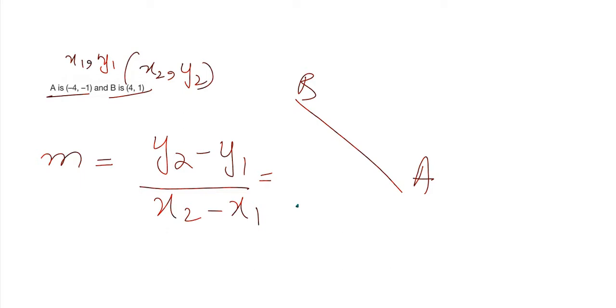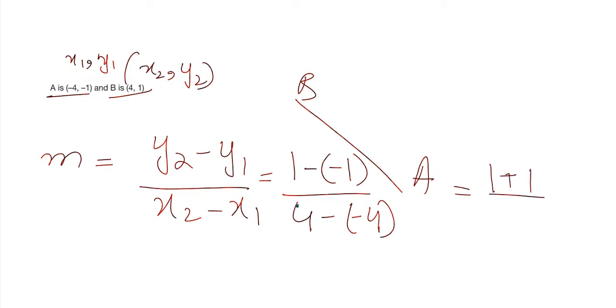Now we have to do this. You can see that I have put y2 first, and then the subtraction with that, and for x again we have to do the same, and that will be equal to 1 plus 1 and 4 plus 4, 2 over 8, and that would be 1 over 4. So that's the gradient of this whole A to B line, and the points are given in order here.